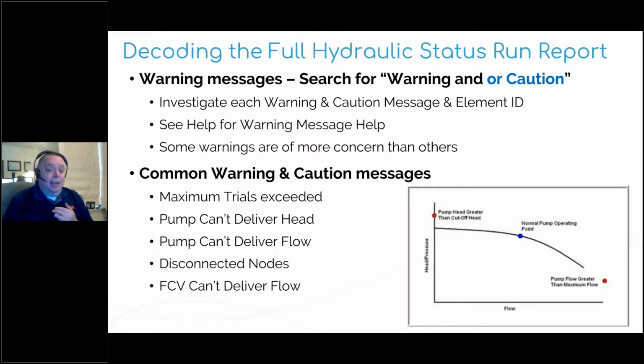Pump can't deliver head. As you can see in the picture here, that generally means the system curve is not intersecting the pump curve because it's above the shutoff head and it can't run. Pump can't deliver flow means it's usually operating past the last point on the pump curve.